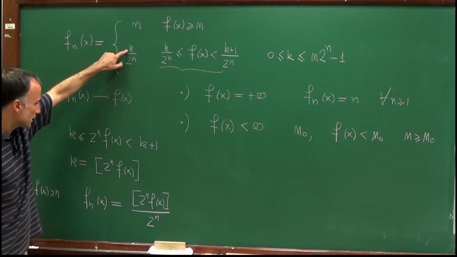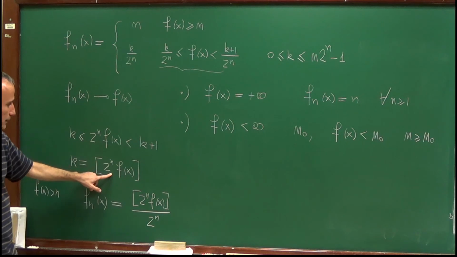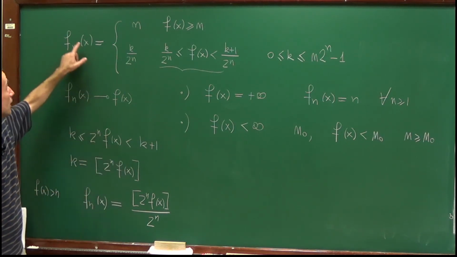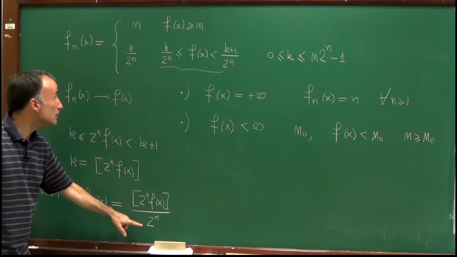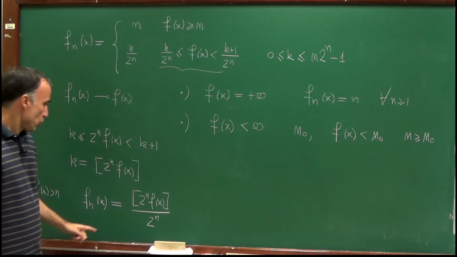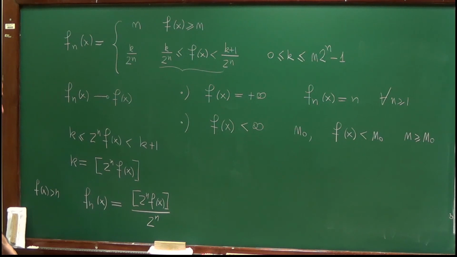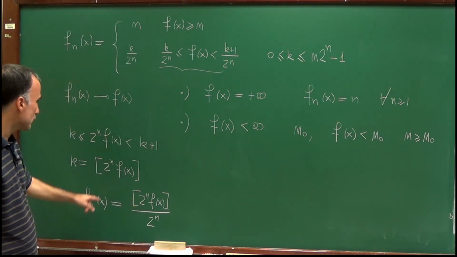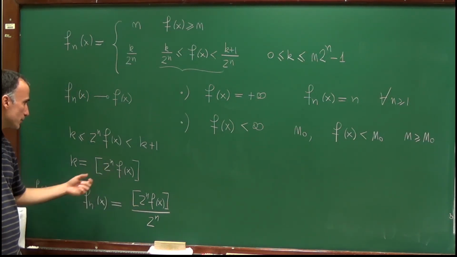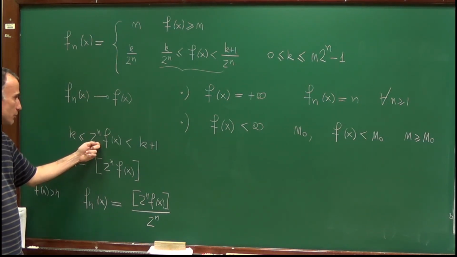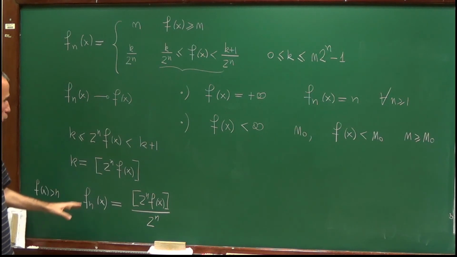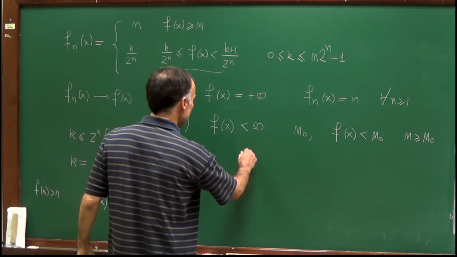Because k, we have seen, is exactly the integer value of this expression, and therefore Fn of x is the integer value divided by 2 to the n. Well, but what does that mean? What do we know about the integer value? So remember, the integer value of a number is the largest integer which is smaller or equal than the number.